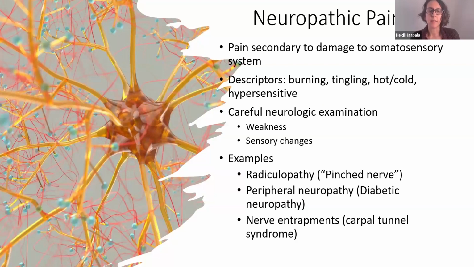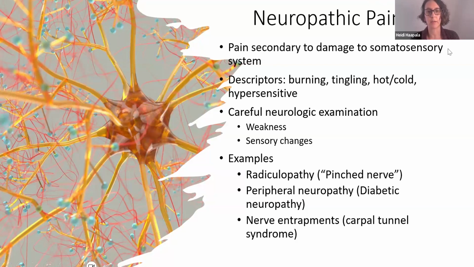The other type of pain that has been pretty well recognized, but may not be thought about as often, is neuropathic pain. This is pain from nerve damage. Somatosensory refers to the nervous system. When nerves have been damaged, we often hear words like burning, tingling, hypersensitivity, hot, cold. When we're looking at this, we need to do a very careful neurologic examination.